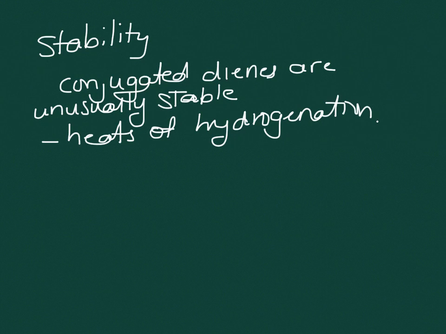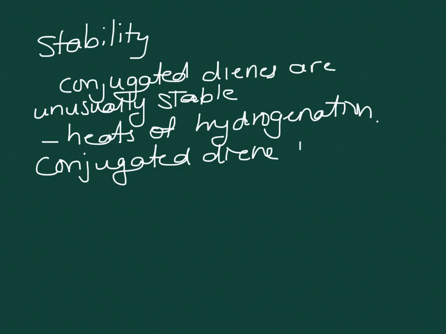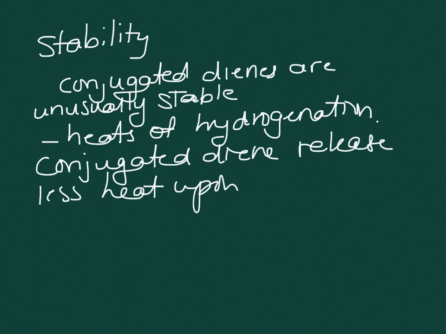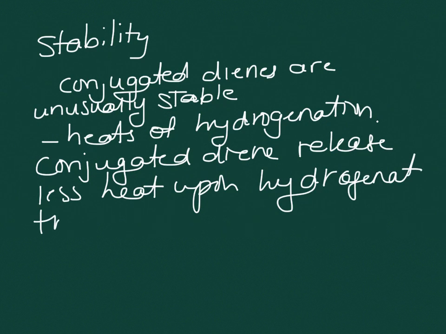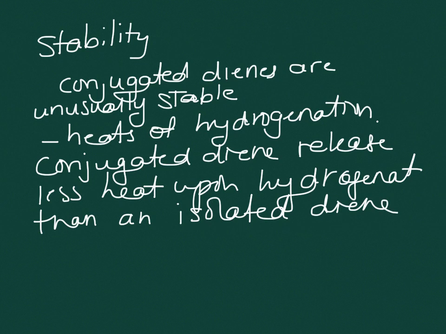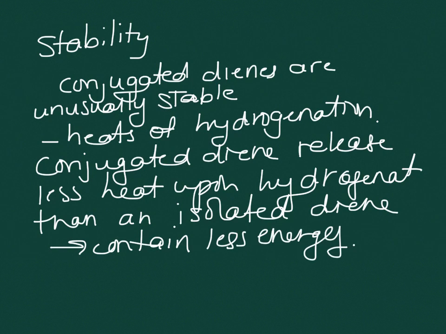And what happens is that a conjugated diene, and I'll draw a diagram, is going to release less heat upon hydrogenation than an isolated diene. And the reason is because they contain less energy to start with. They're more stable.